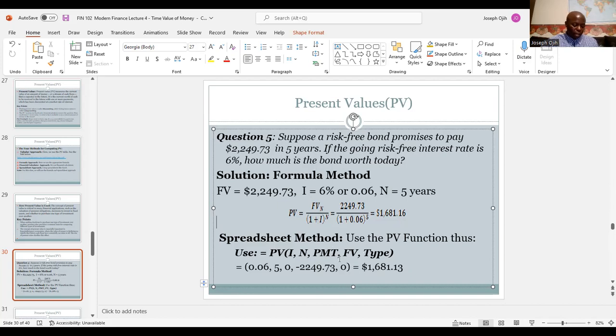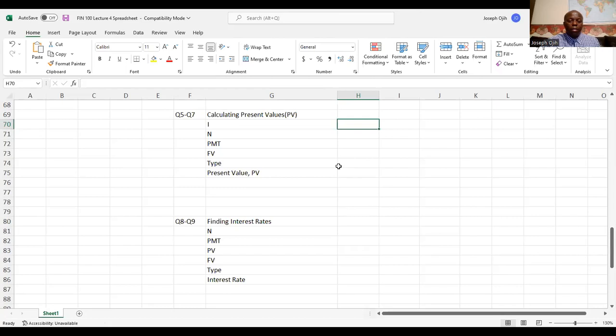So let's go and put this in our Excel spreadsheet. So I'm going to take you there. View the spreadsheet. Okay. I think I have it somewhere. I think it's right here. So you have interest 6%, which is 0.06. 5 years, number of years.